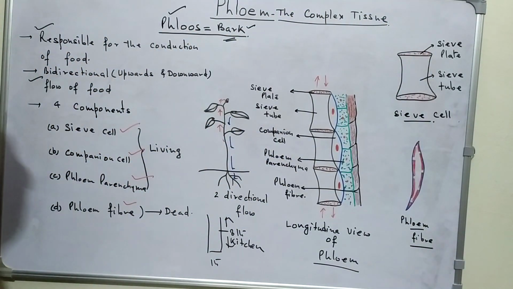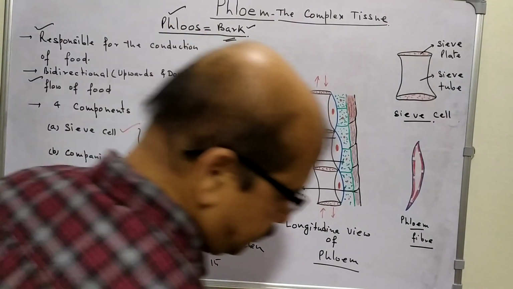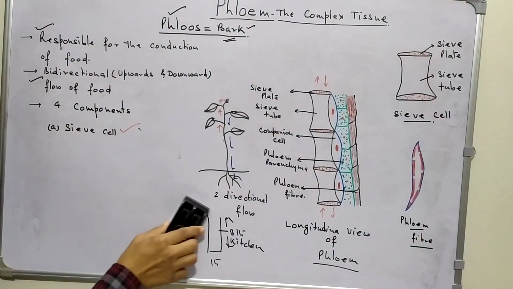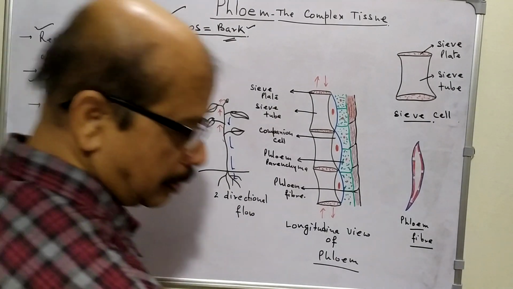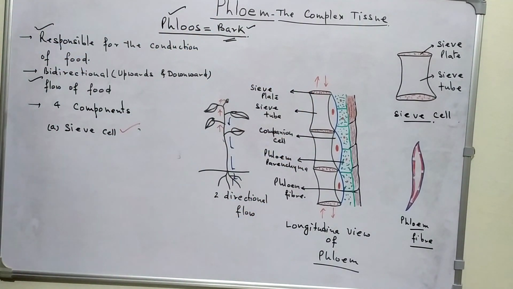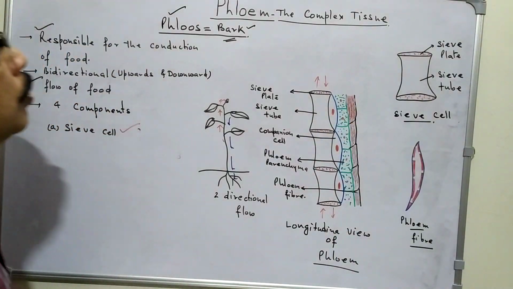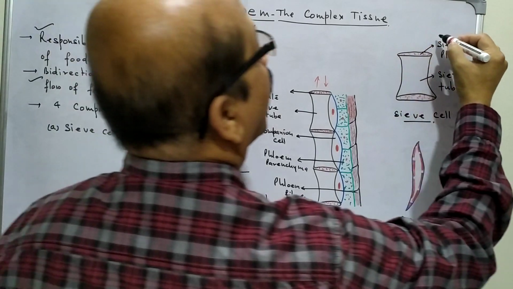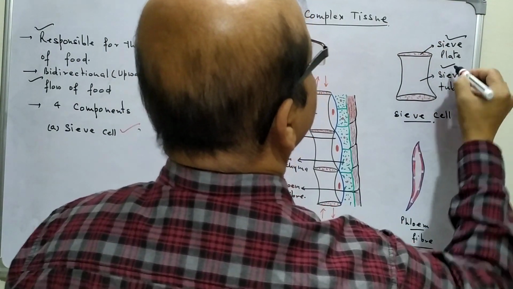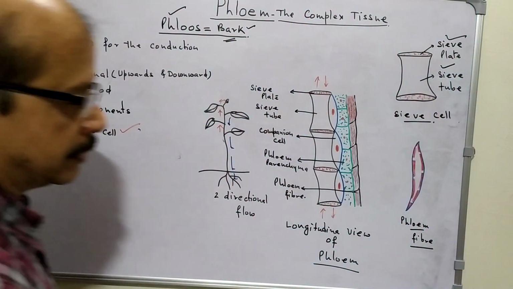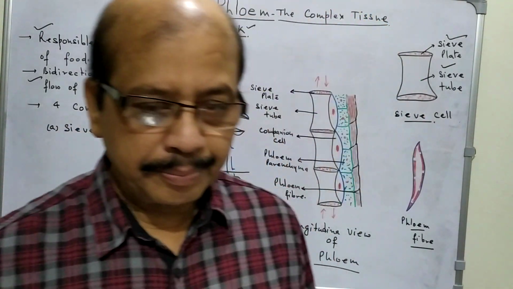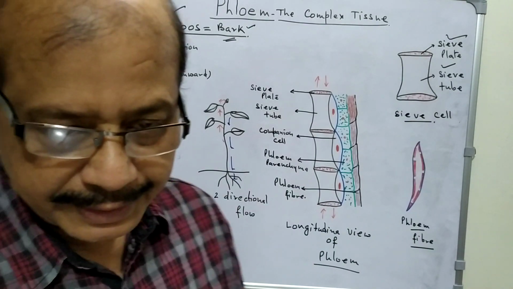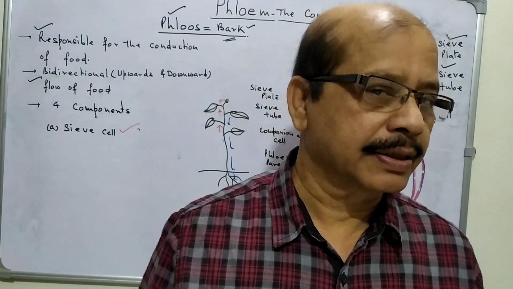The first one is sieve cell. It is made up of 2 components, sieve plate and sieve tube. Sieve tube is a broader cell having a large vacuole inside it, but devoid of nucleus.